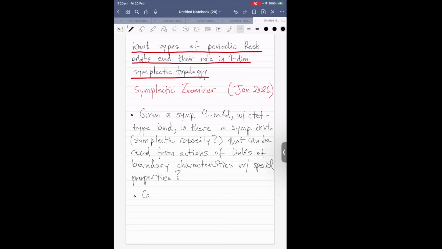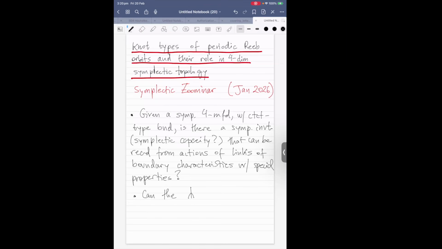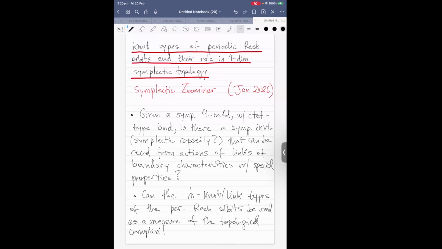So another question which I think is interesting is: can the transverse knot and link types of the periodic Reeb orbits be used as a measure of the topological complexity of a Hamiltonian flow or Reeb flow?